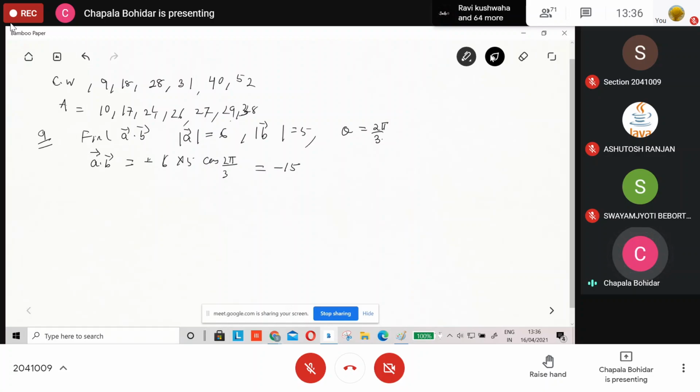Then question number 18. Find the angle between the vectors. Now you can do it yourself also. Your A vector is 4, 0, 2. B vector is 2, minus 1, 0.